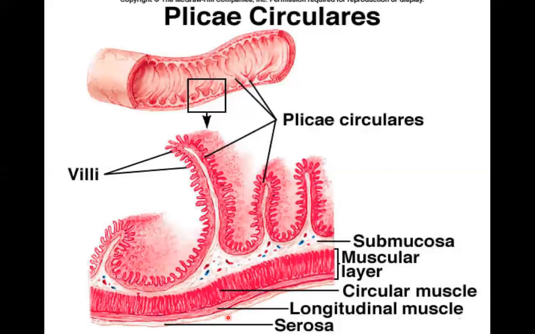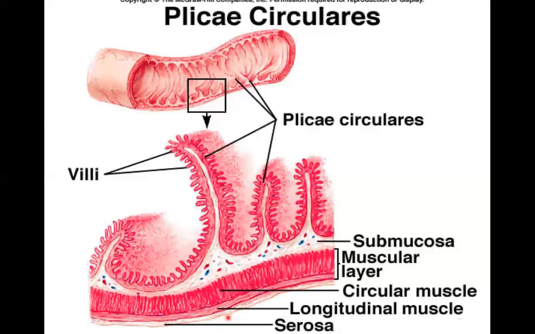Okay. The luminal modifications that occurred are number 1, plica circularis, number 2, the villi, number 3, the microvilli. Each one of them will increase the surface area. For example, the plica circularis will increase the surface area 2 to 3 times more.